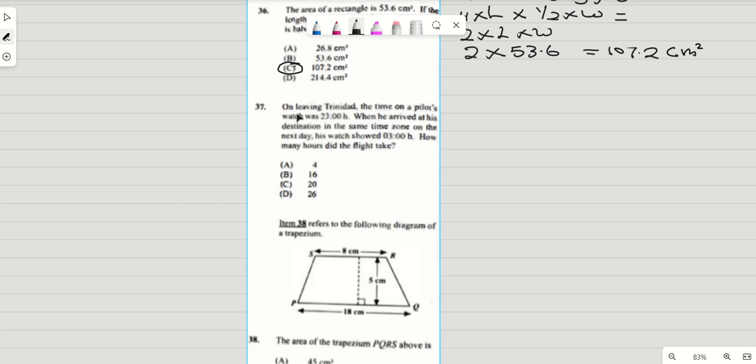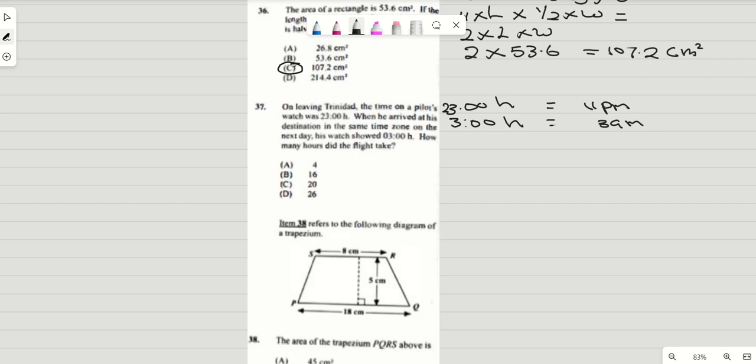This one here: on leaving Trinidad, the time on a pilot's watch is 2300 hours, guys, which if you convert it is 11 p.m. Then he arrived at his destination in the same time zone on the next day, and his watch showed 0300 hours, which is 3 a.m. How many hours did the flight take?